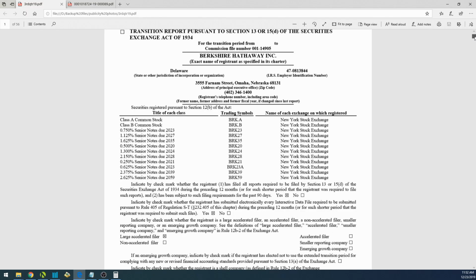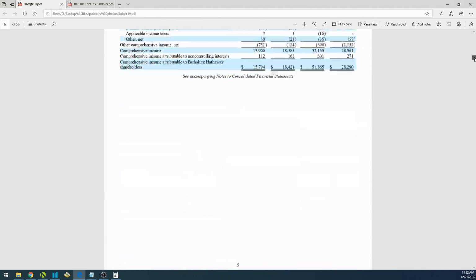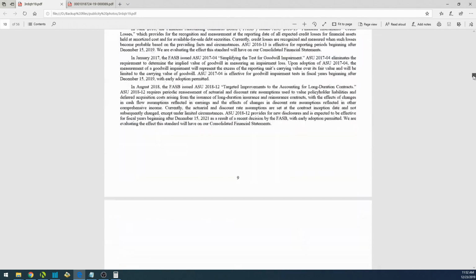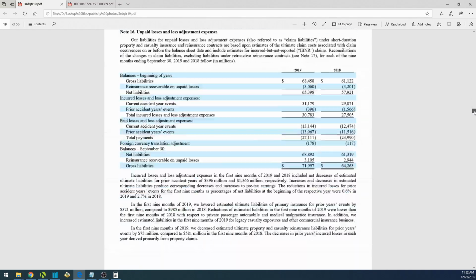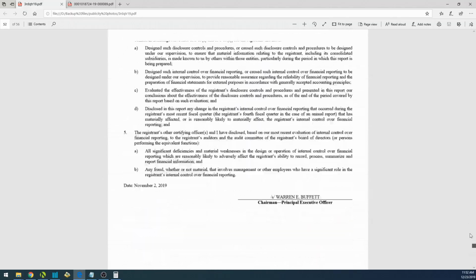What is a quarterly report? It's generally a very long-winded, detailed financial report. These are like 56 pages of numbers and text. Most of the time, people just won't have time to go through everything, so it's quite daunting.